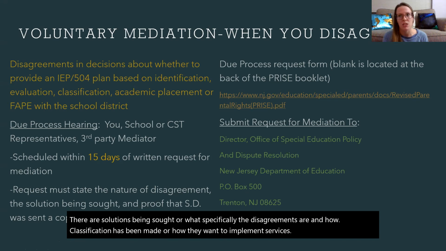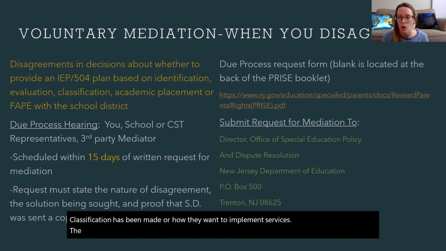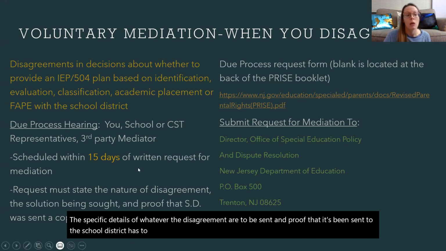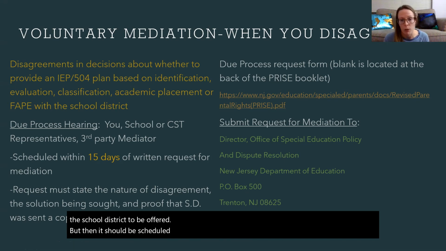The specific details of whatever the disagreement are has to be sent, and proof that it's been sent to the school district has to be offered. But then it should be scheduled within 15 days of the written request.